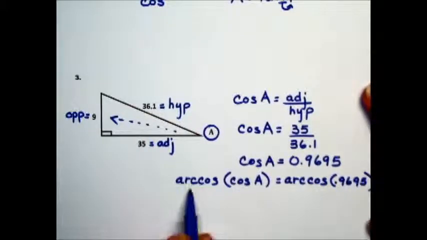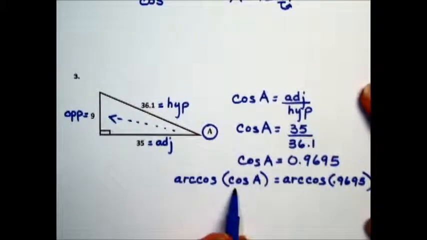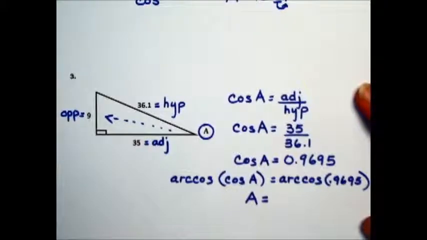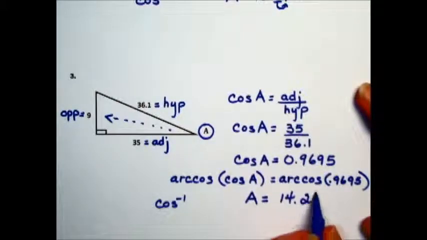The arc cosine of cosine of an angle leaves us with angle A, and the arc cosine of this value, and again, most likely you will see cosine to the negative 1 as the designation for arc cosine, will give us a value for this angle of 14.2 degrees.